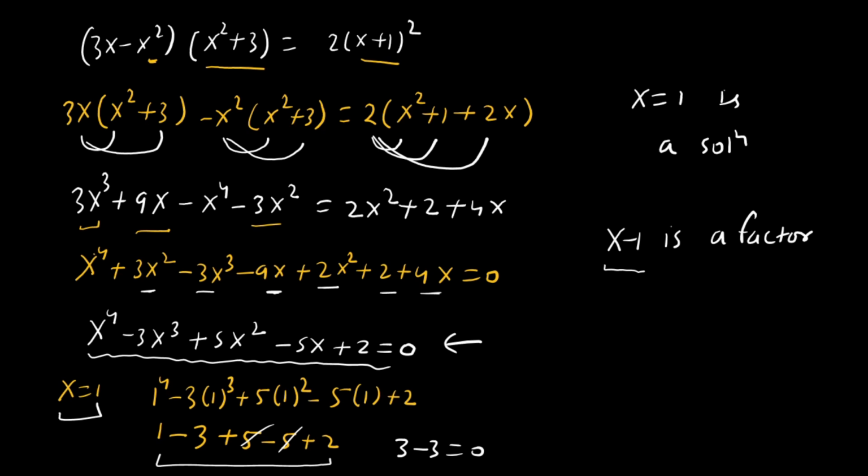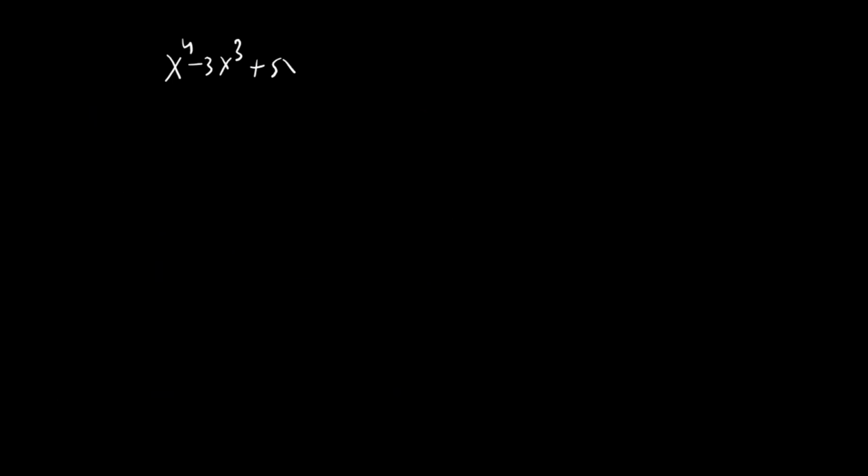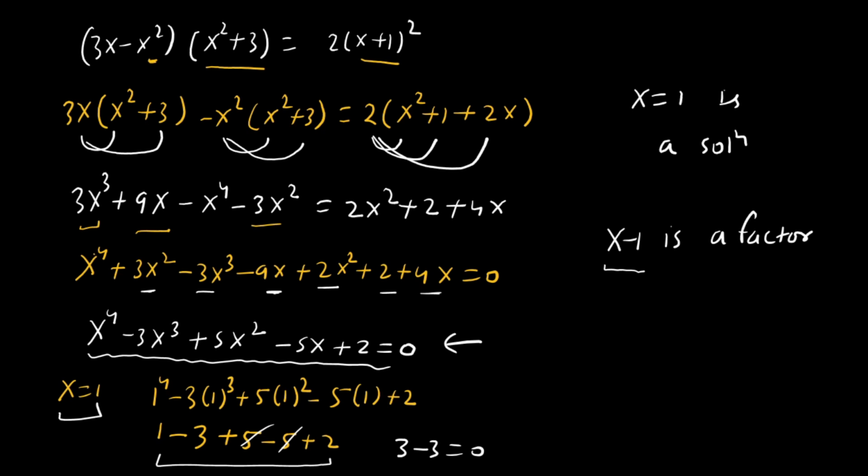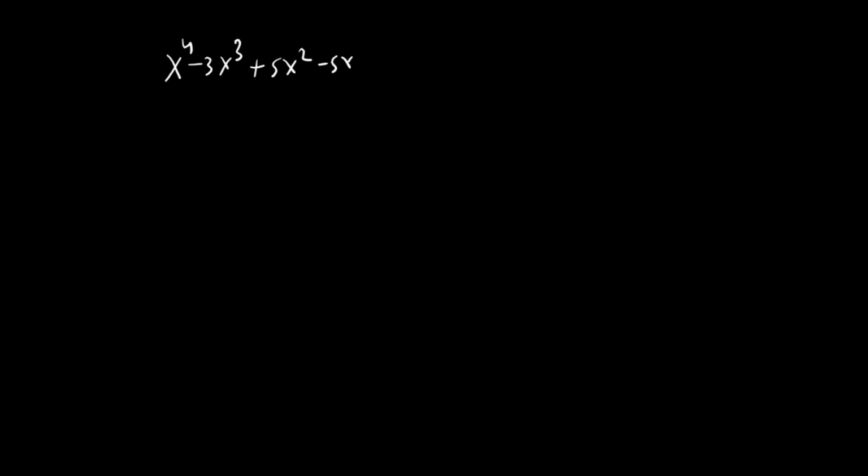Now x power 4 minus 3x power 3 plus 5x square minus 5x plus 2 is divided by x minus 1.